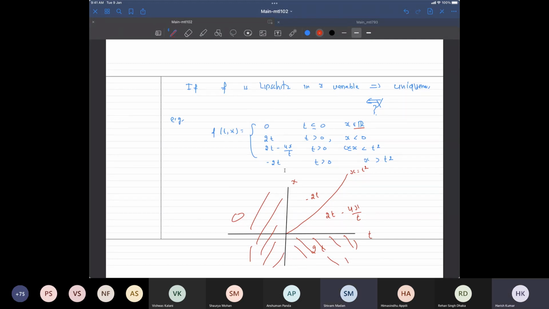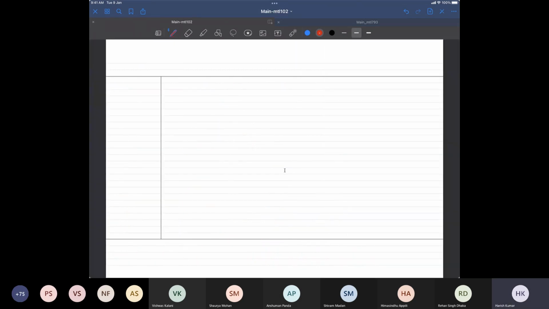Yes, sir. Okay, fine. Now the first thing we should immediately see is that this is not a Lipschitz function in x. To see that, we look at f(t, 0) minus f(t, t squared), because we are looking at the neighborhood of 0.